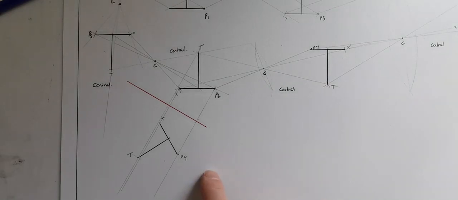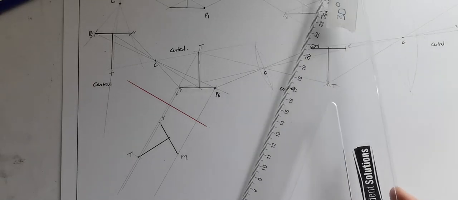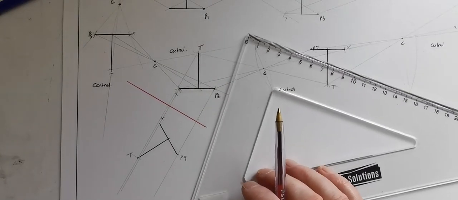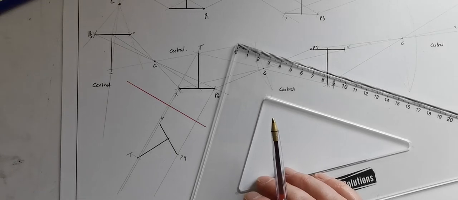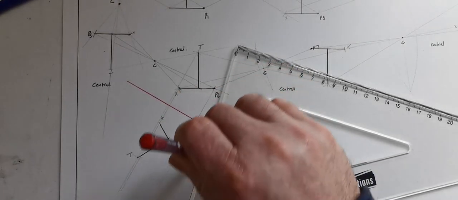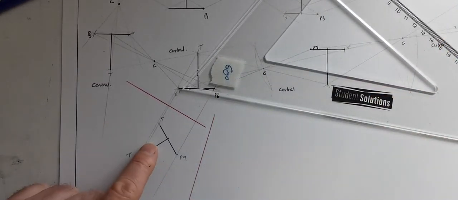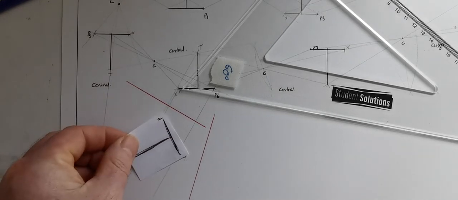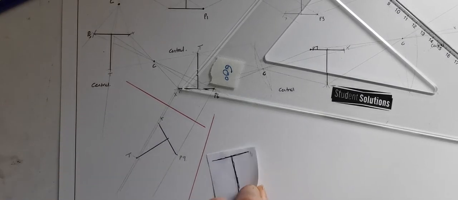So what I'm going to do here now is pick a random angle for this. I'm going to pick just any random angle here. So this is our next axis, and I want to flip this over to here. So it's going to go from being like this to being something like that.